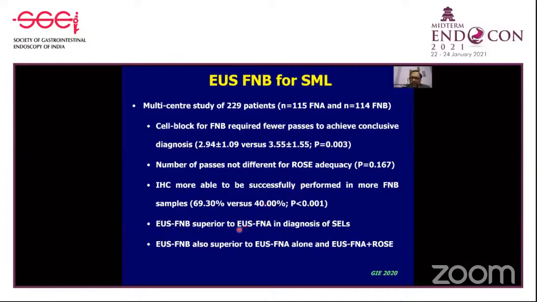So they concluded that EUS FNB is superior to EUS FNA in diagnosis of submucosal lesions. Also importantly, EUS FNB is superior to both FNA alone as well as combined FNA and ROSE because of its ability to procure the tissue core for immunohistochemistry.